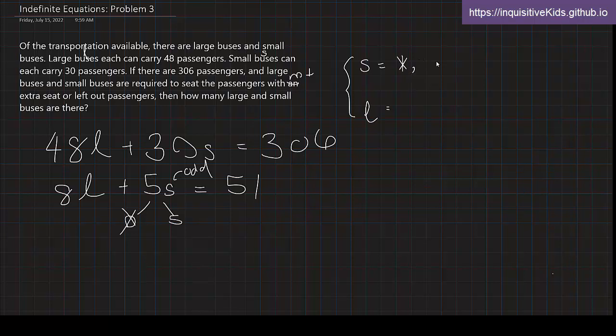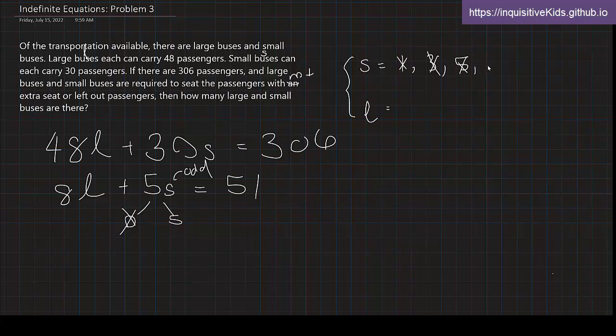What about 3? 3 times 5 is 15, and 51 minus 15 is equal to 36. Is 36 a multiple of 8? No. So let's look at the next odd number. That's 5. 5 times 5 is 25. Then 8L would have to equal 26, and that doesn't work.